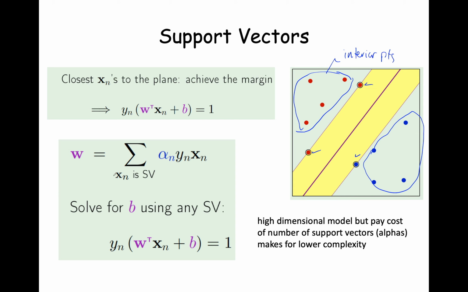W is defined in terms of the support vectors and not all of the data points, which gives us a big savings on complexity, while we keep the full expressiveness of the dimensionality of W. Then we solve for W just in terms of support vectors, take any support vector, and solve this equation for the bias term B. And that is our solution.